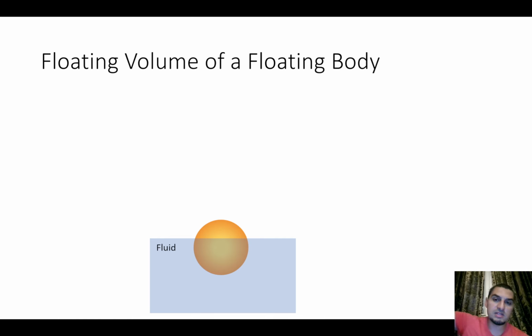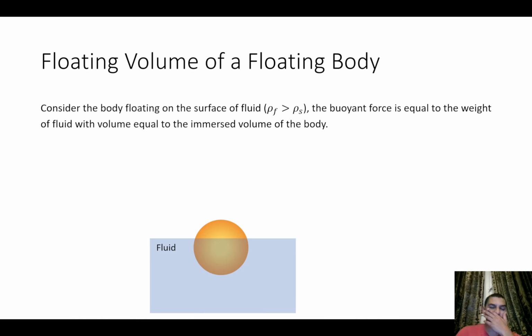Most of the balloon is outside, it's not immersed. While if you take a piece of wood, for example, you'll find that a big part of it is immersed and a small part is floating. So the question is why it's different, and the reason is something that we can explain using the same equations.